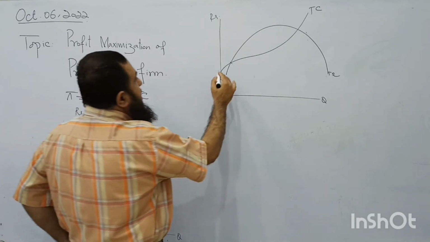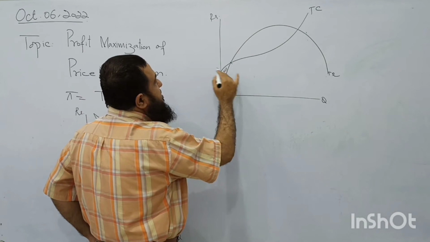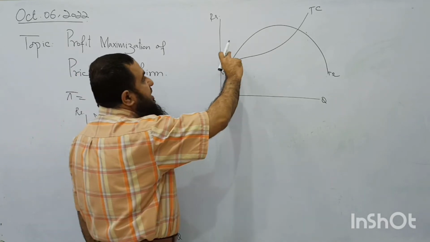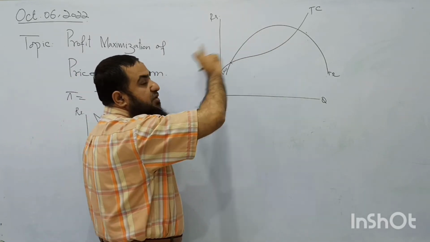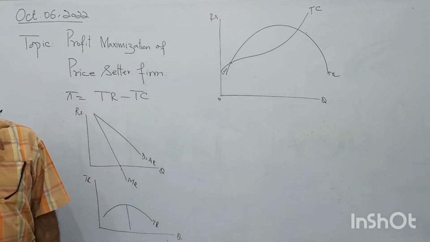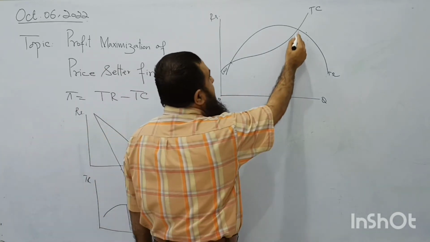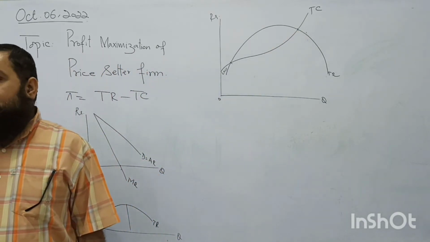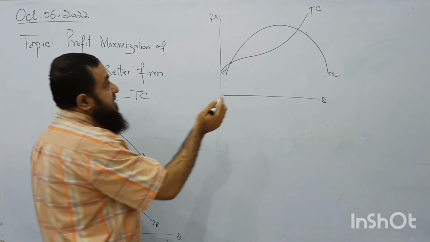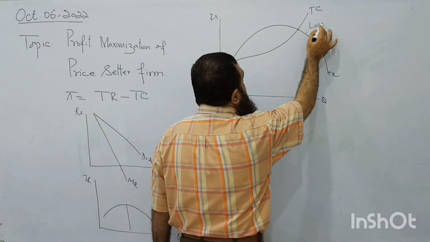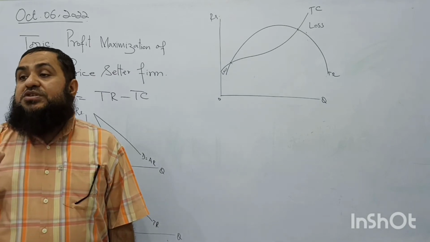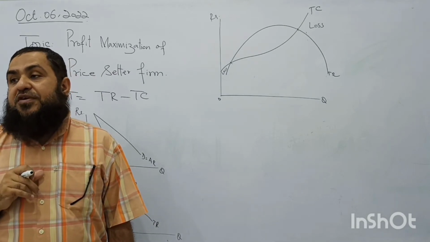Before this, the firm is making a loss. Its cost is higher than revenue. But after it, there is a gap between the total revenue and total cost. The gap is increasing. And here is the maximum profit of the firm.